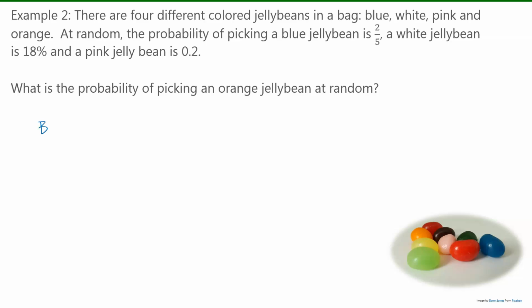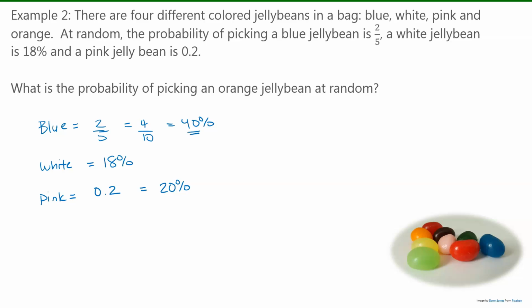So we have blue, which is 2/5. 2/5 is the same as 4/10, or 40%. We have white jelly beans, and there's an 18% chance of picking a white jelly bean. And we have pink jelly beans, and there's a 0.2 chance, which is the same as 20%.